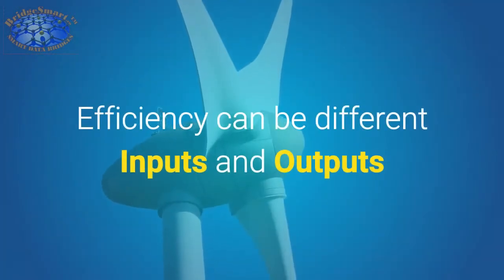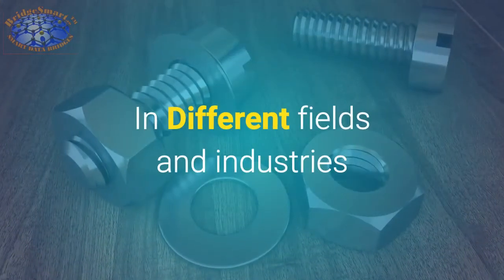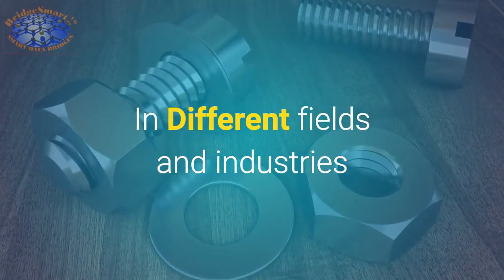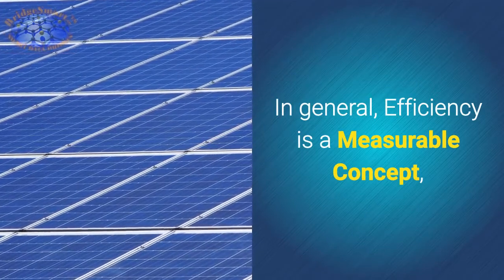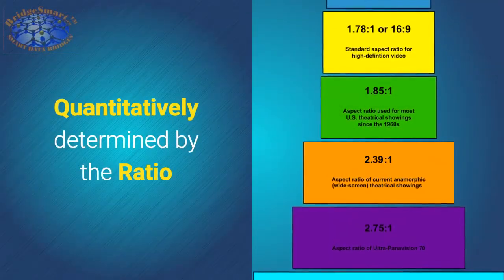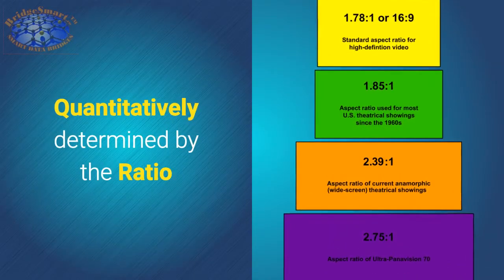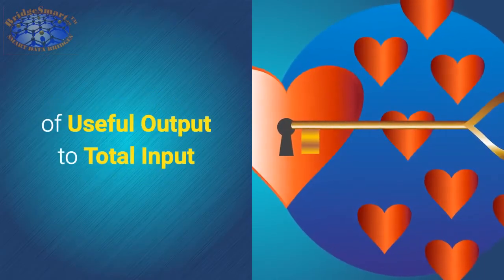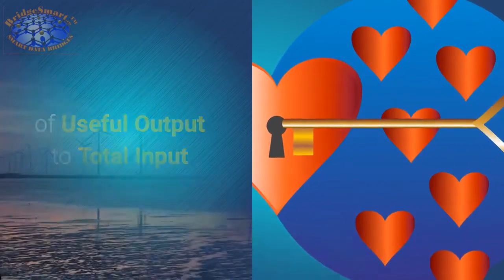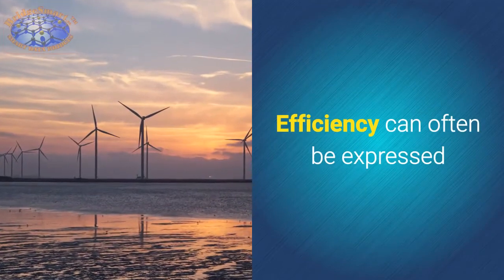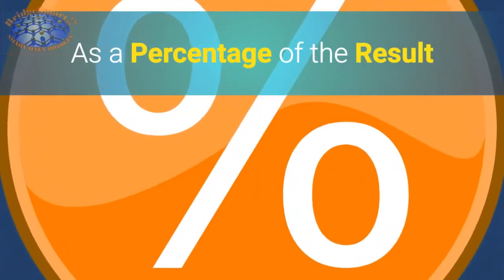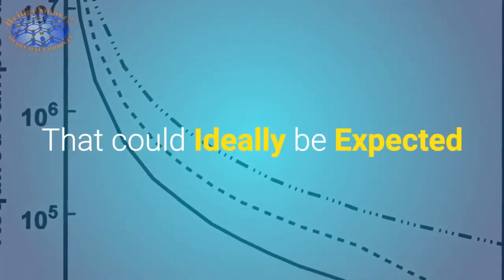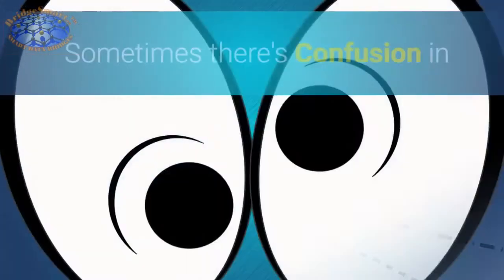Efficiency can be different inputs and outputs in different fields and industries. In general, efficiency is a measurable concept quantitatively determined by the ratio of useful output to total input. Efficiency can often be expressed as a percentage of the result that could ideally be expected.